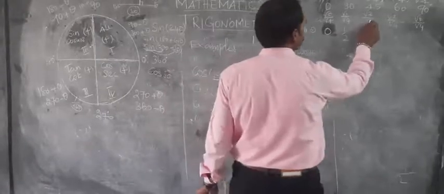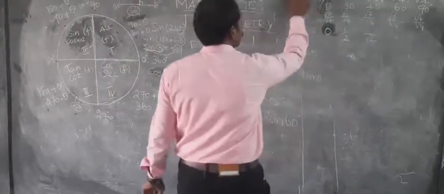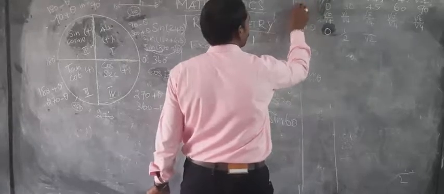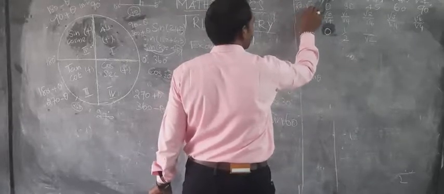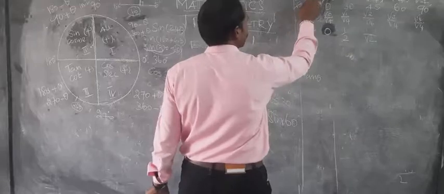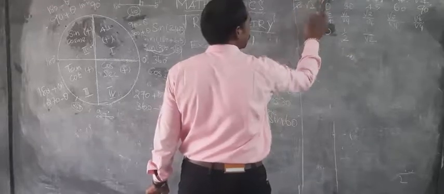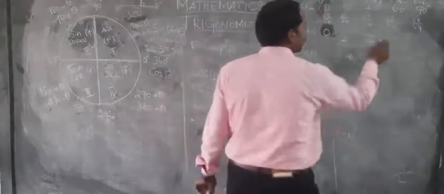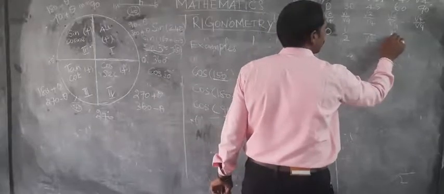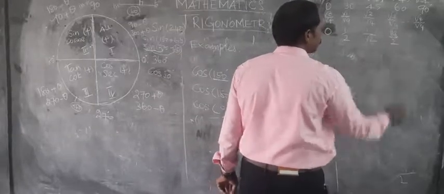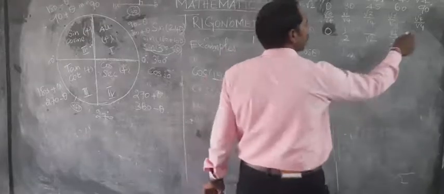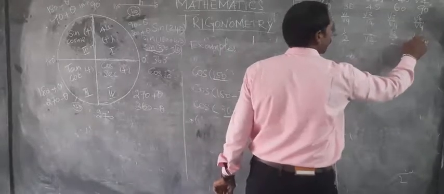How it will come: I explained, root 2 divided by root 2 in the root 2. You can write like this, you cancel it, then automatically it will come 1 by root 2. So that I have written here. So root 3 means root 3, but root 4 will come 2. Here root 4 you can cancel 1.